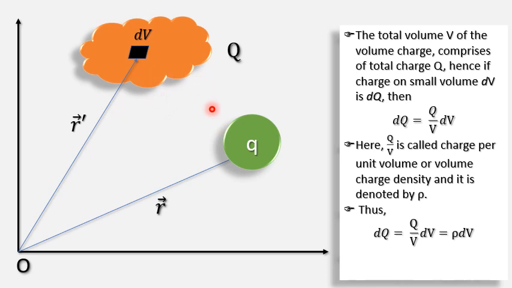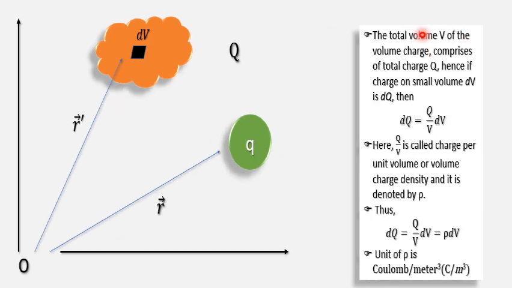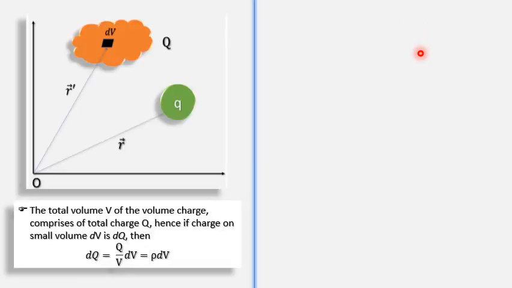Applying the vector form of Coulomb's law, we get q1 q2 by r square, but as we have direction, we have the vector upon r cube. And we substitute the dq value: instead of dq, we write rho dV for the present situation, and we'll rearrange the terms just like in the previous two cases.